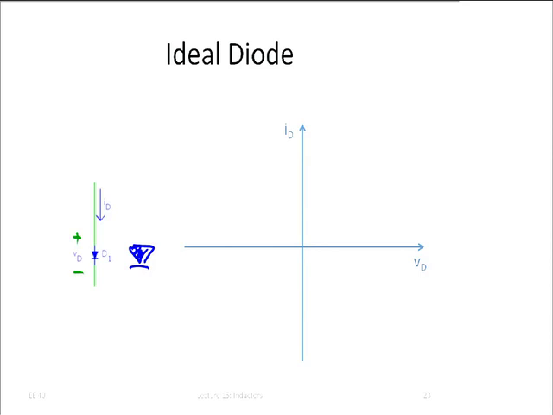Yes, it starts from 0, then it goes exponential. No, it doesn't go exponential. A short circuit. We talked about short circuits for a long time, right? There were no exponentials. Yeah, a short circuit is just a wire, right? So what's the voltage here? 0 volts, right? What's the current here? Doesn't matter. It's a short circuit.